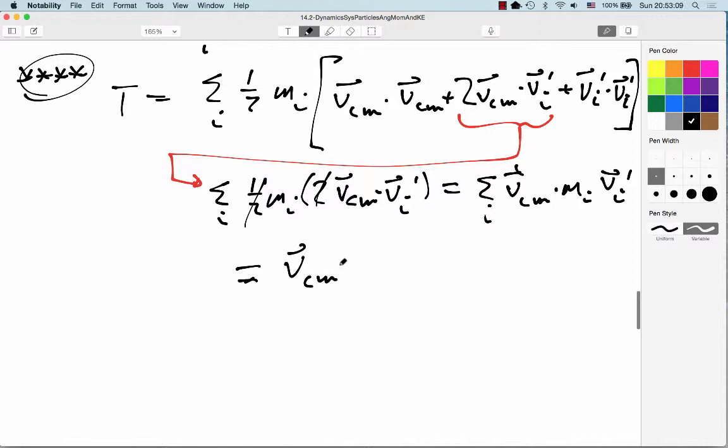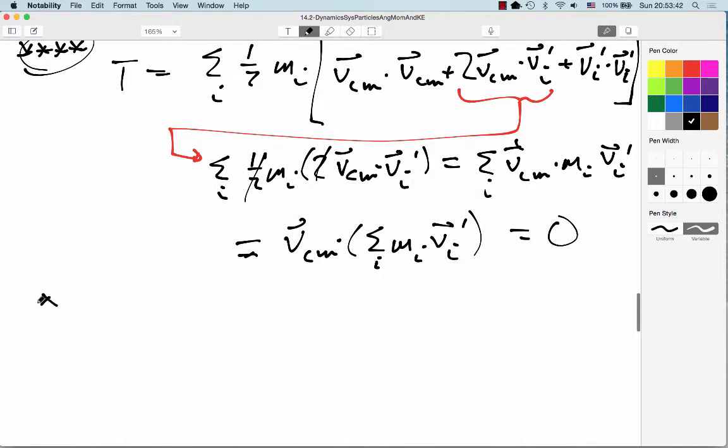So this is VCM dotted with the sum over i of mi Vi prime. Well, to within a factor of the mass, which isn't going to matter, this term here gives me the velocity of the center of mass with respect to the center of mass, which is 0. So the cross term is 0.